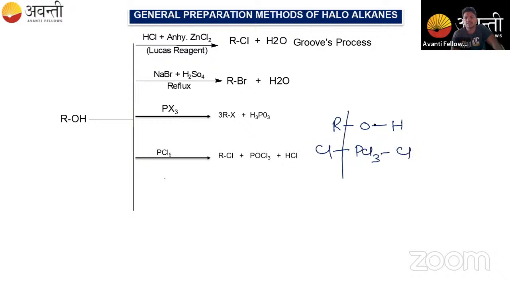Just break it. Then you are going to get RCl plus POCl3 plus HCl. So preparation of alkyl halides is very easy in this case.